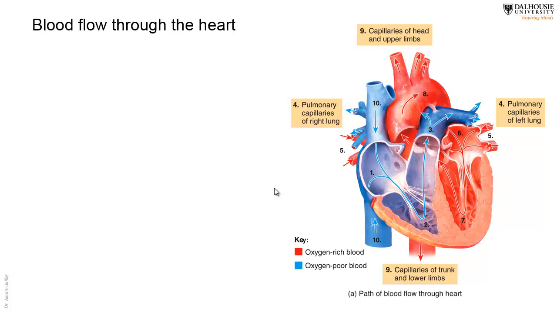It will go to the lung, become oxygenated in the alveoli, and return through the pulmonary veins. They are drawn in red because this blood is oxygenated. 2 on the right, 2 on the left, and the blood will be returned to the left side of the heart, the left atrium.